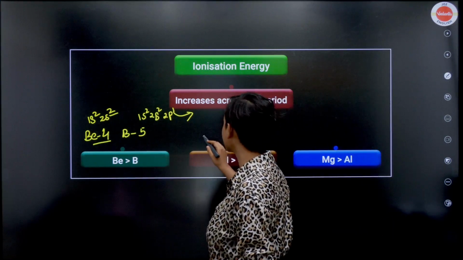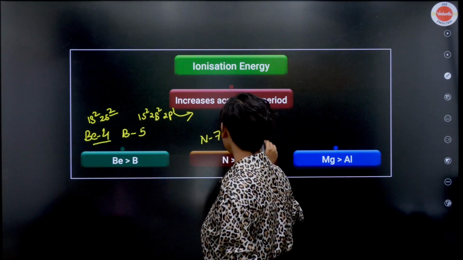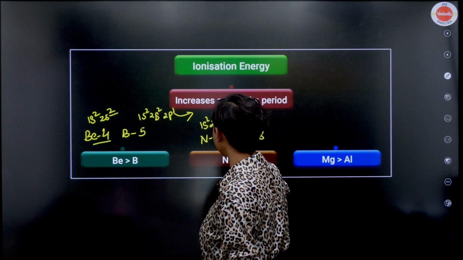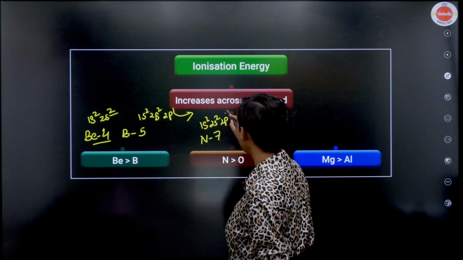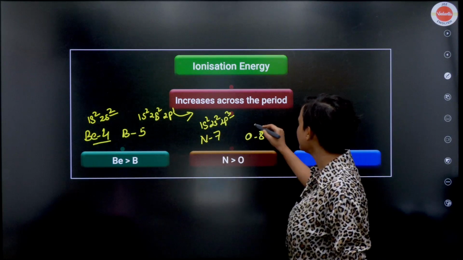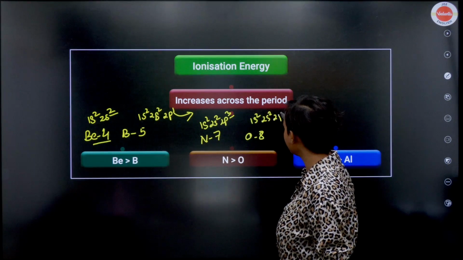Same with nitrogen and oxygen also, my dear student. Nitrogen has atomic number 7. Oxygen has 8. So for nitrogen, if I write it, 1s2, 2s2 and 2p3, half filled. Now check it. For oxygen, 1s2, 2s2, 2p4.